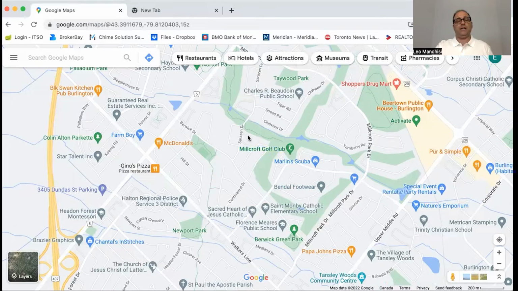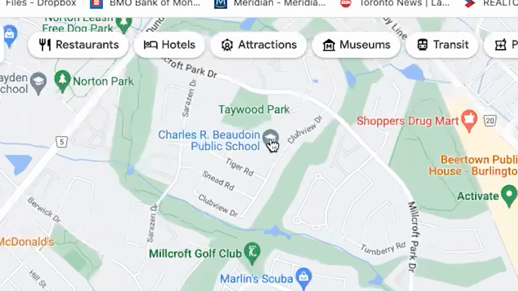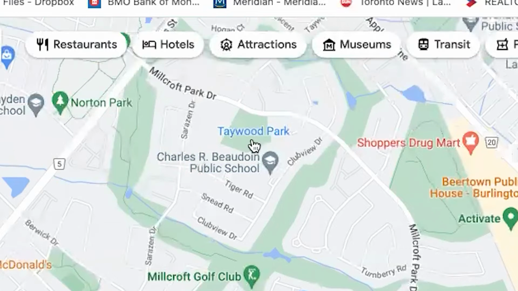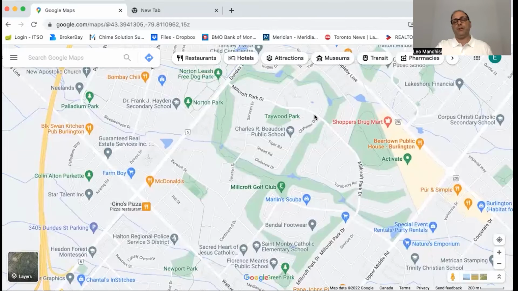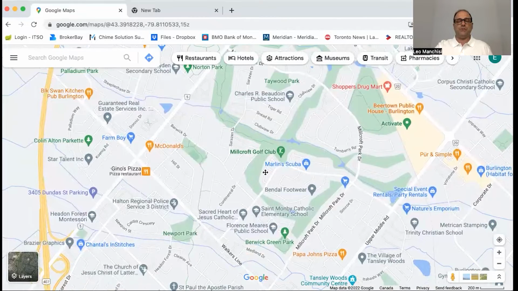You can also see Taywood Park here on the upper northeast side of the neighborhood. Okay. So we've reviewed parks and schools and talked a little bit about the Millcroft Golf Club and its importance inside of this neighborhood as well.